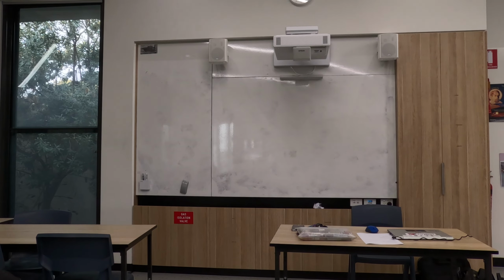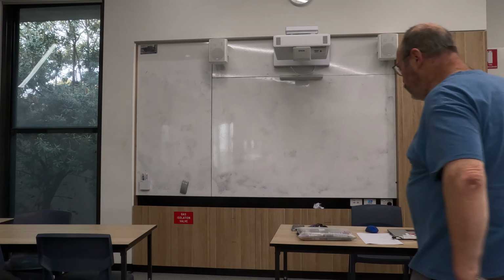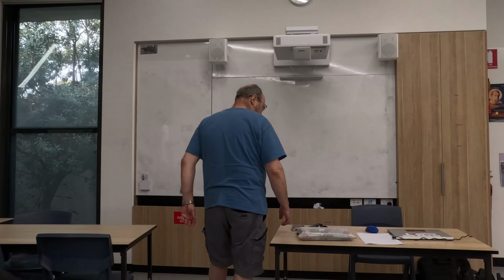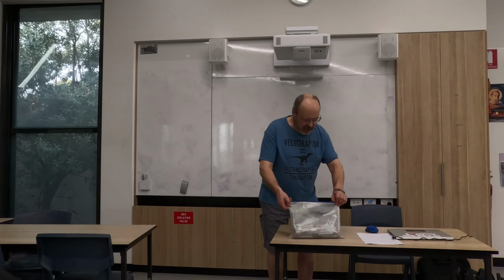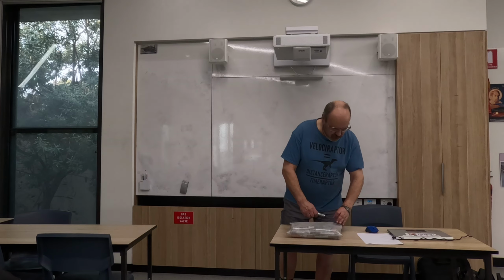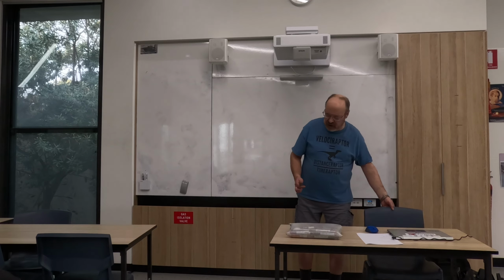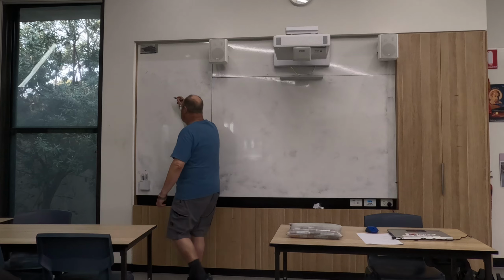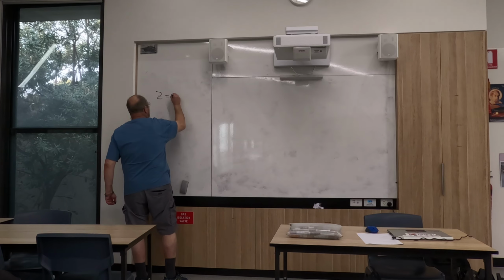So today we will learn about multiplication and division of complex numbers in Cartesian form, or standard form, which is z equals a plus bi.